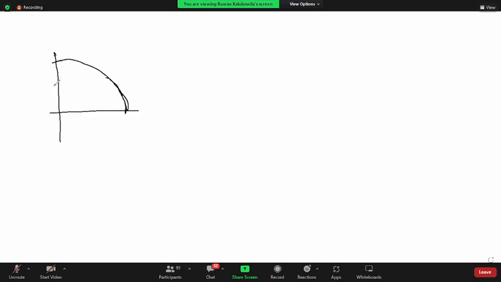This is unit. Unit means the radius is 1. Right? This one, this one. That is the term called unit.